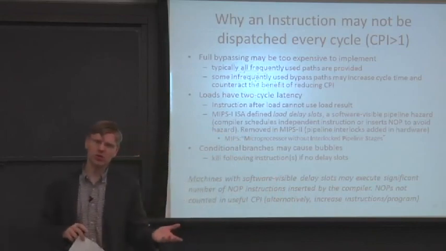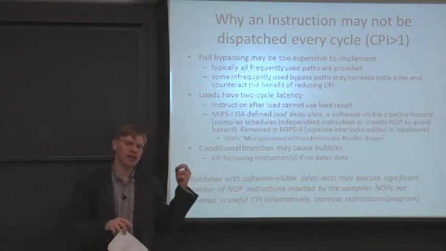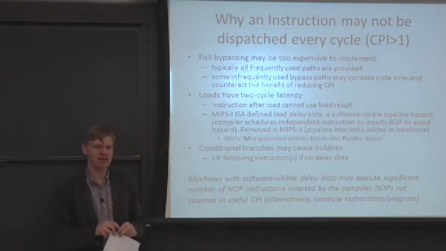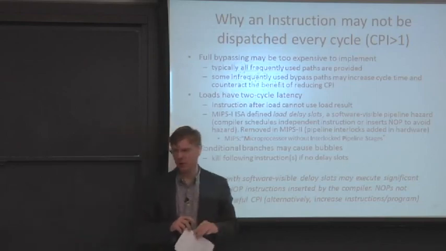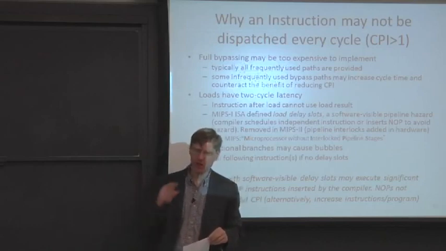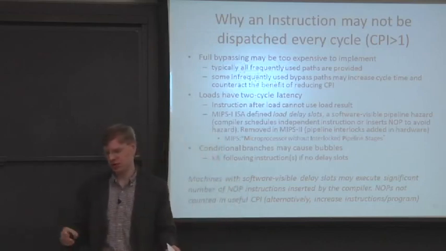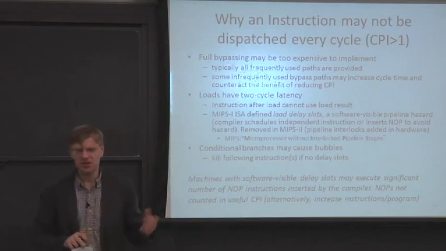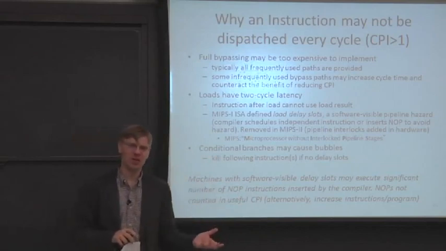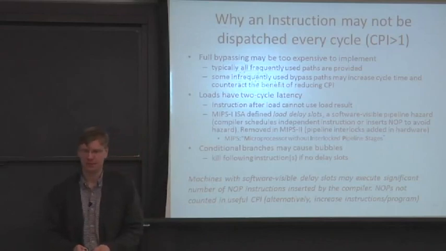So what you typically will do is you'll figure out what are the common bypasses, or the common forwarding paths that are needed, and you'll have those. And then some of the infrequently used ones, you just won't build. This will help with your cycle time, but hurt with your CPI.